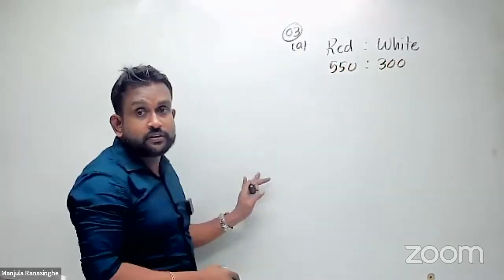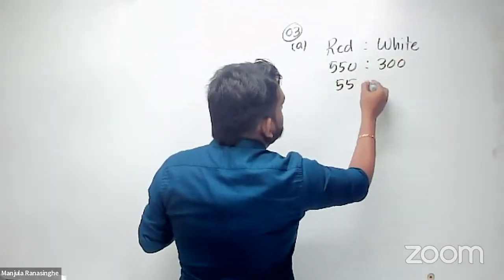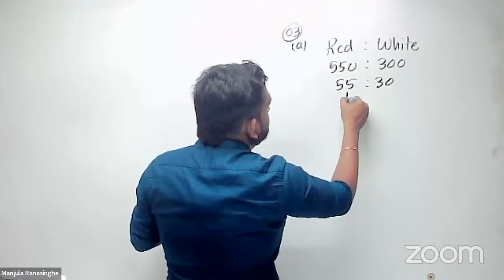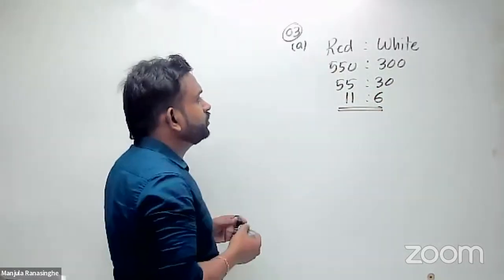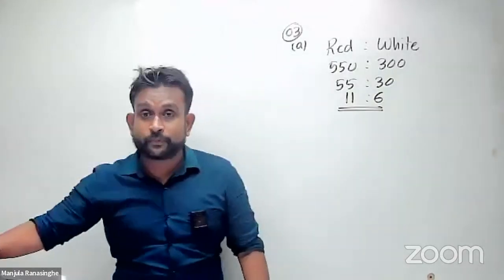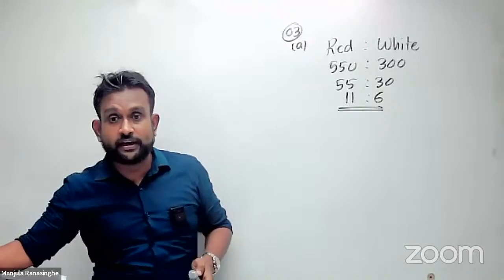Now you can simplify by 0 and 10, giving 55 to 30, then divide by 5, which gives 11 to 6. So what is the ratio? 11 to 6, part A. So you have 2 marks there.